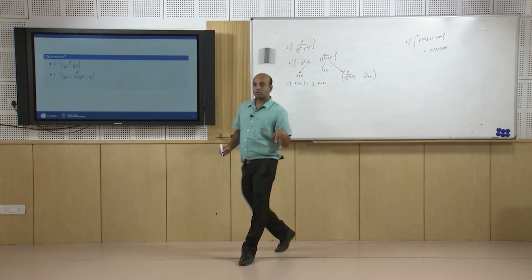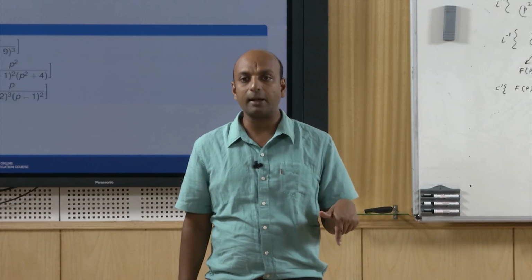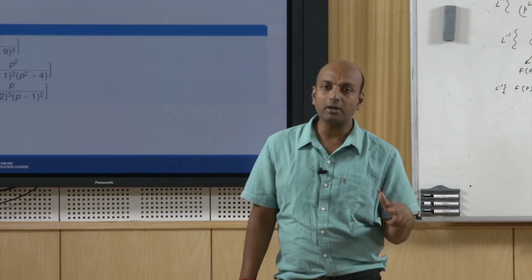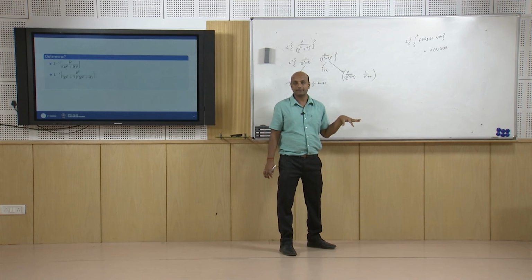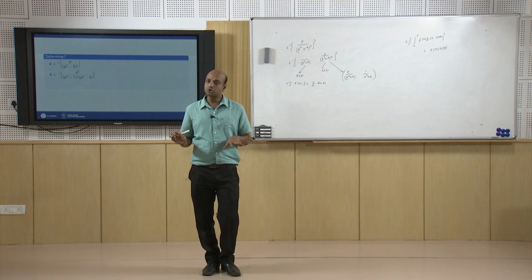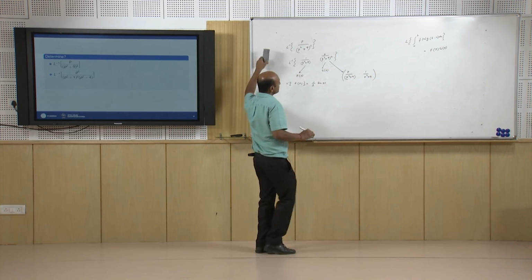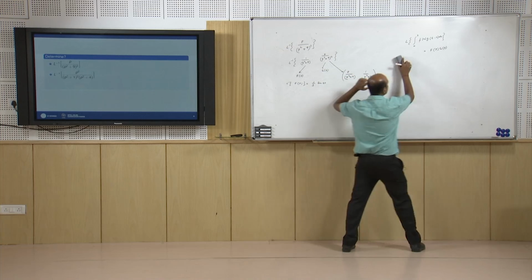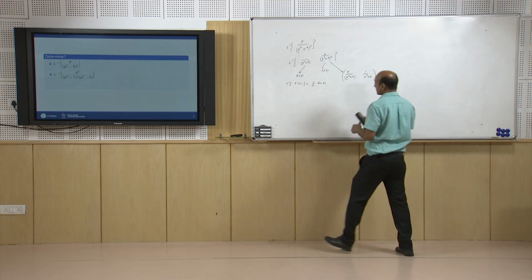Or the other way out is, whatever methods we have studied, whatever properties we have studied for Laplace transforms, find out Laplace inverse of this function using those properties and directly substitute it over here. So, choice is ours. Okay. So, let us find Laplace inverse of this function using the earlier properties which we have already discussed.